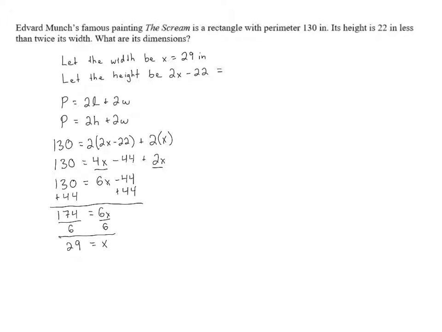So we've got to take 2 times 29 and subtract 22. Well, 2 times 29 is 58. So we've got 58 minus 22. That ends up being 36, also measured in inches. So we know the width is 29 inches and the height is 36 inches.